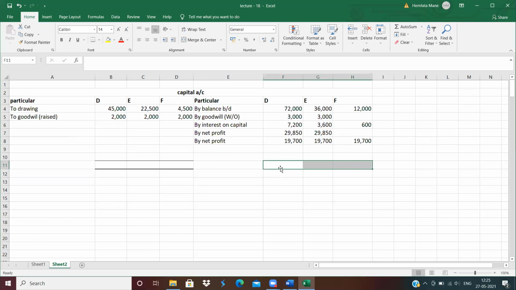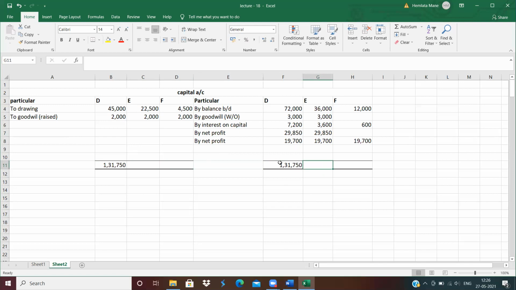How much is the total of D? 72,000, 3,000, 7,200 plus 29,850 plus 29,700, means the total is 1,31,750.